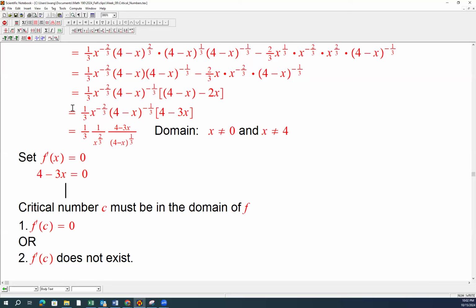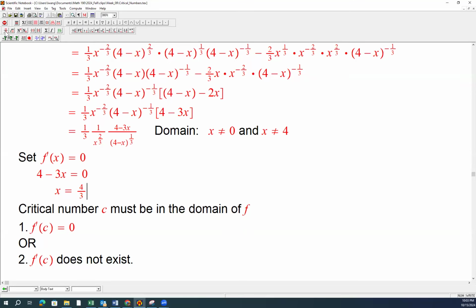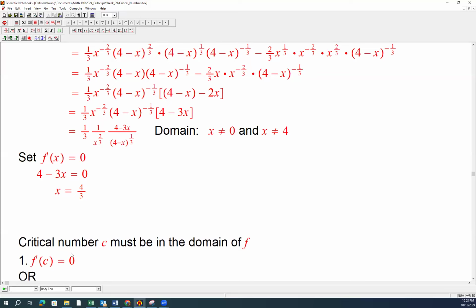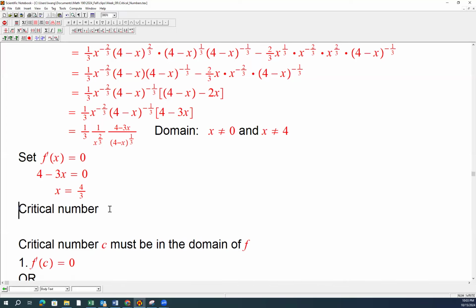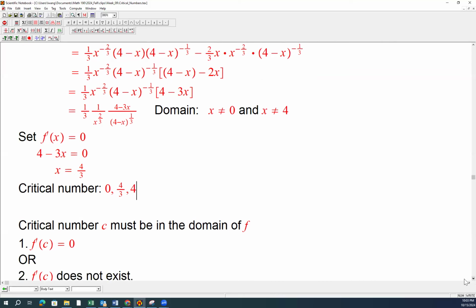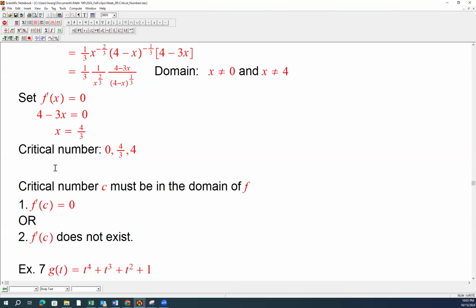So that will give us x equals 4/3. Now in the end, how many critical numbers do we have? We have 3 critical numbers. We got 0, 4/3, and 4. We have critical numbers from each category.